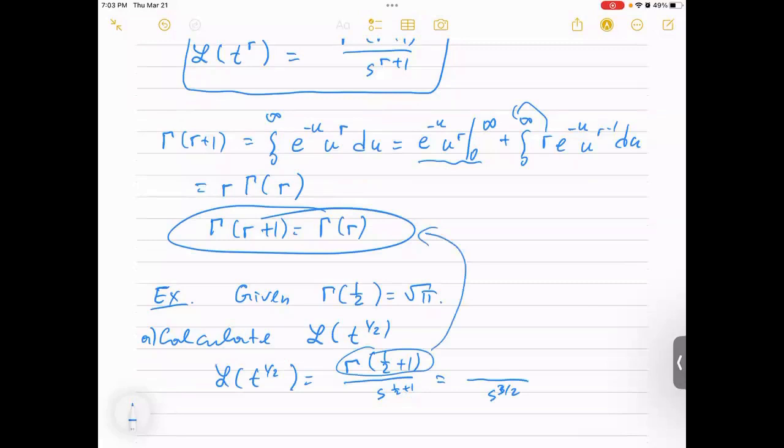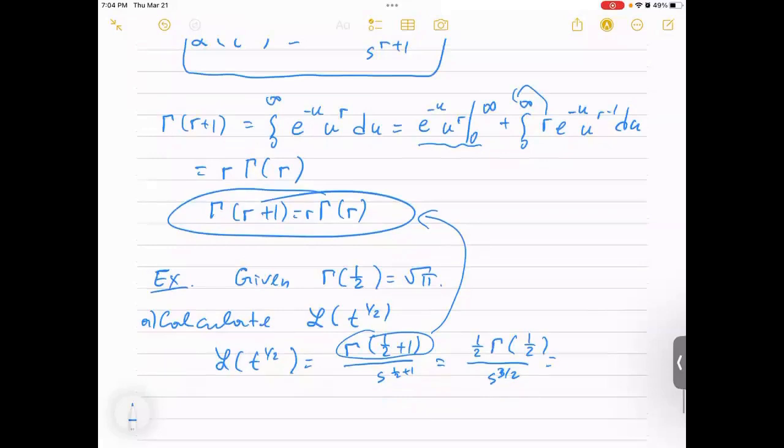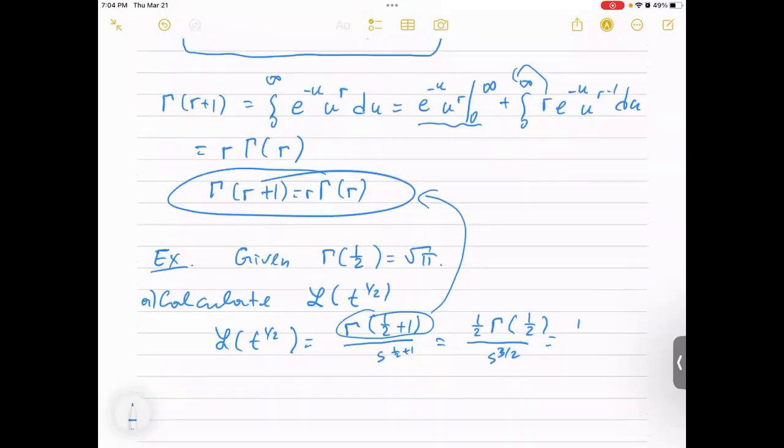I forgot to put r here. So gamma function of 1/2 plus 1 equals 1/2 times the gamma function at 1/2. Gamma of 1/2 is given to us as the square root of pi. So finally, the Laplace transform of t to the power 1/2 equals the square root of pi divided by 2 s to 3/2.